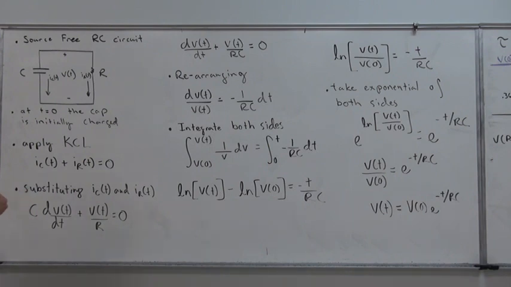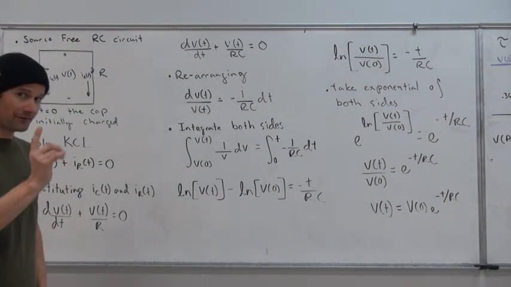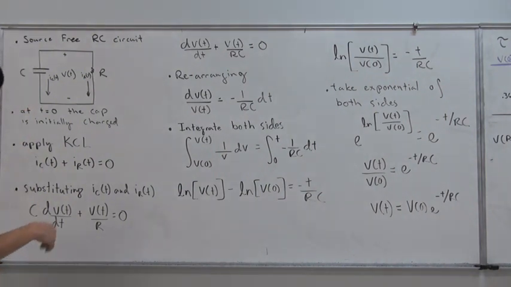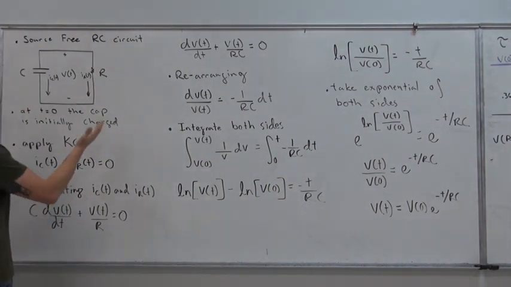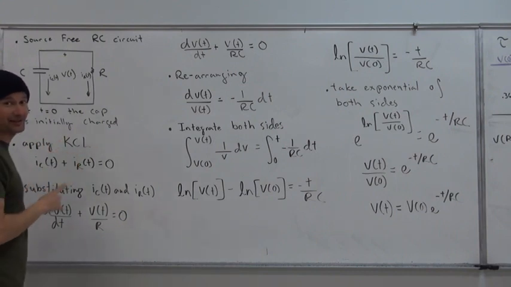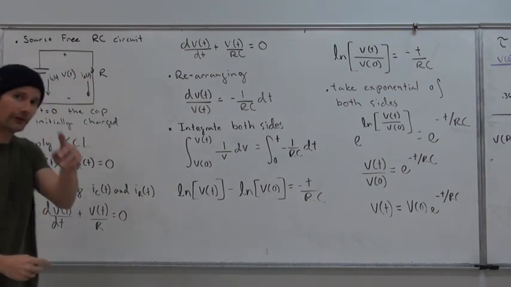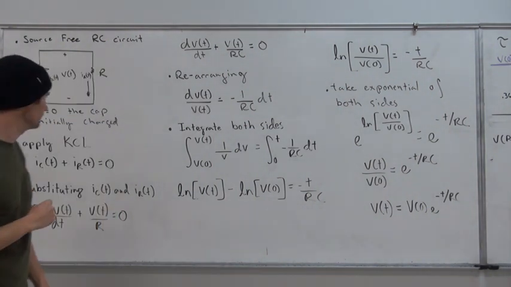Well, we have two elements in parallel, and elements in parallel have different currents flowing through them, but they have the same voltage. So if they're parallel, they share that same voltage value, which in this case is going to be time varying, but their currents are different. The current flowing through that capacitor is definitely going to be different than the current that flows through that resistor.